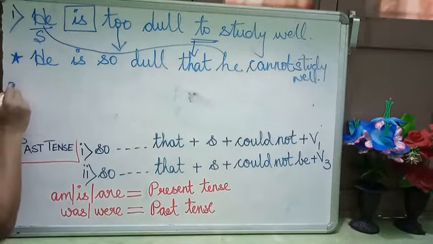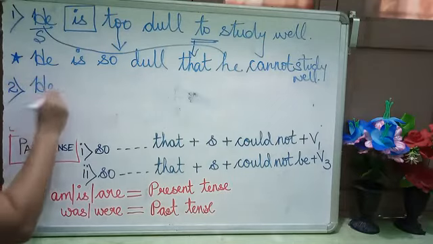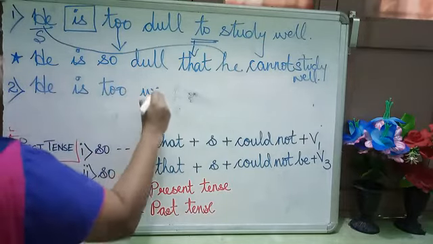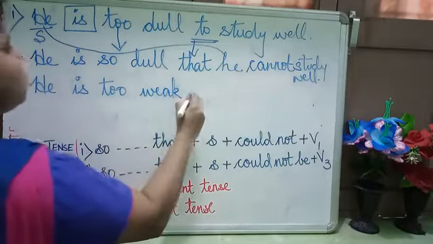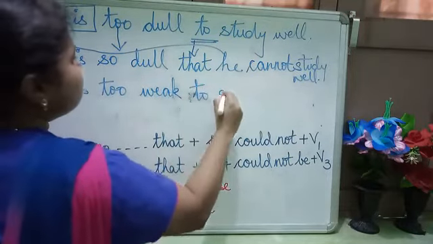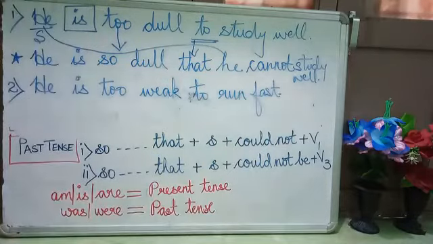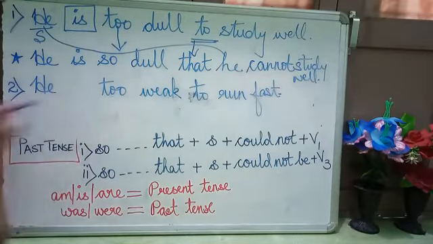Now for past tense I am writing. He is too weak to run fast. Sorry, I have written in present tense.